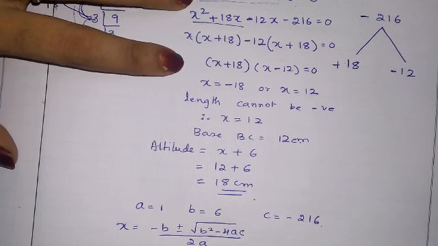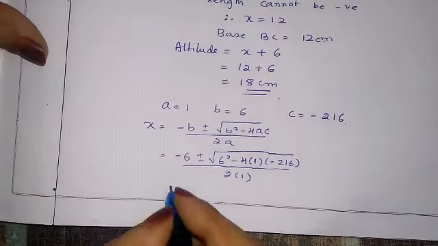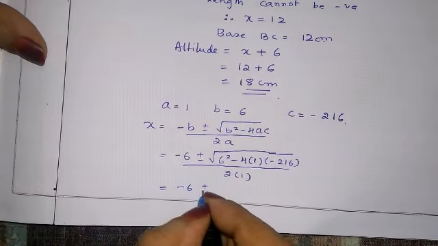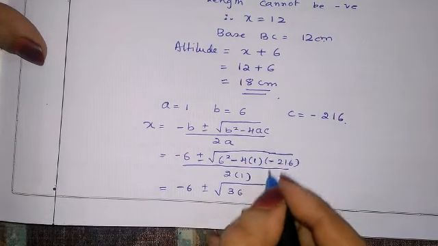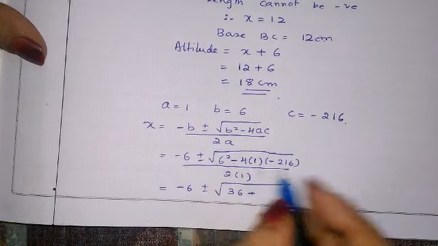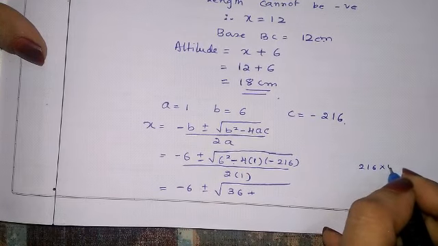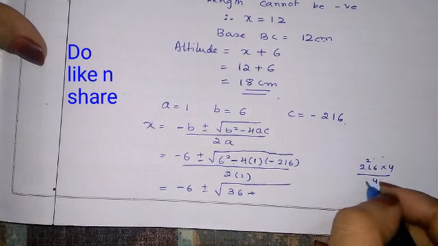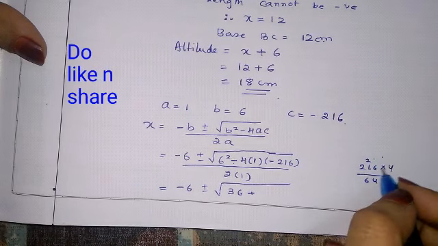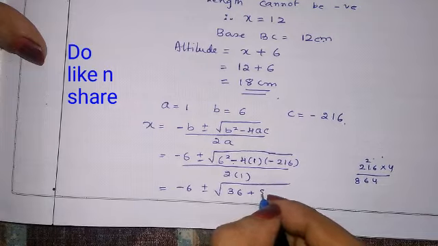Okay. So here minus 6 plus or minus 6 square is 36. Minus minus is plus 216 into 4. 4 6s are 24. 4 1s are 4. 4 2s are 8. 864.